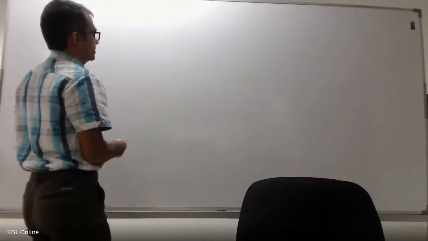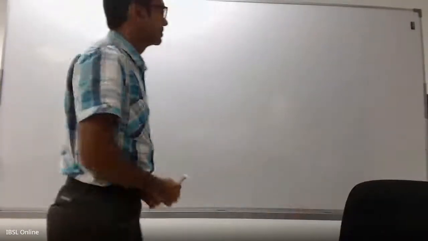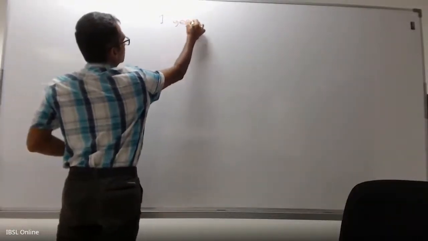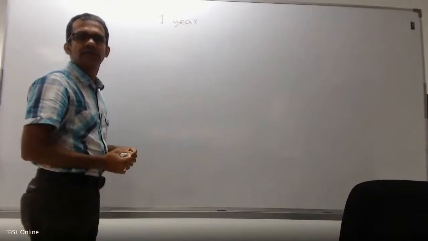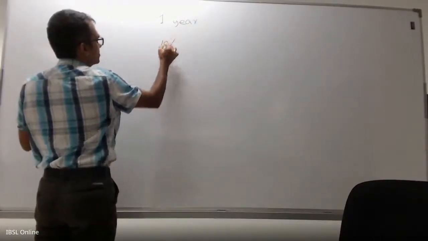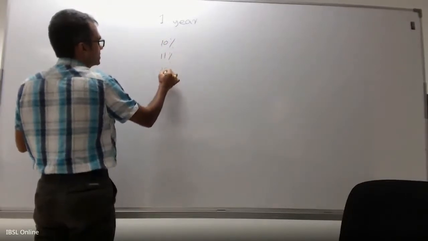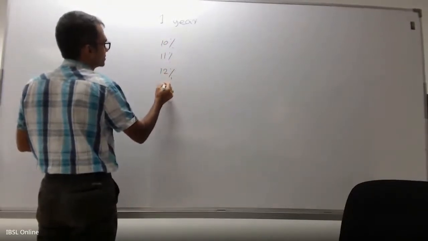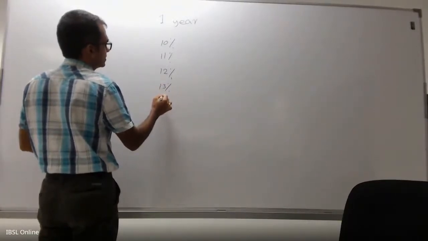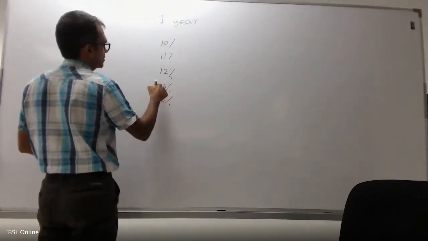Assume we have 5 assets during a 1 year period. These 5 assets generate say 10%, 11%, 12%, 13%, 8%.